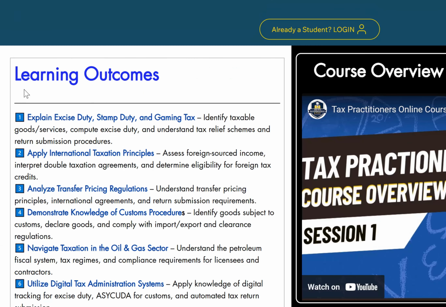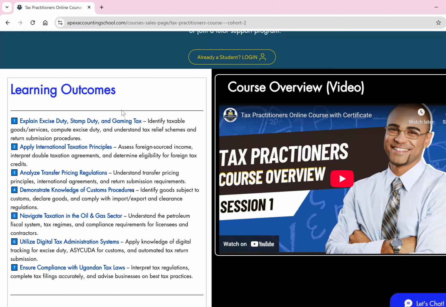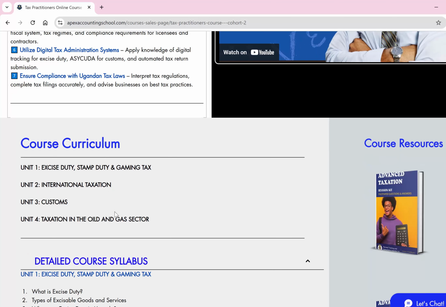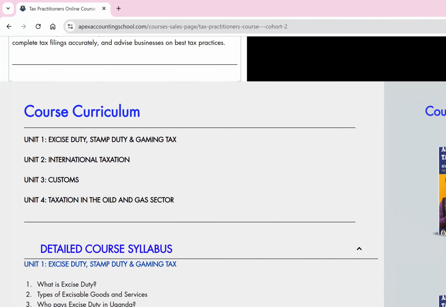So basically at the end of this course, you should be able to demonstrate skills and knowledge in these 7 major areas. The course curriculum covers 4 major units. Unit 1 is excise duty, stamp duty and gaming tax. Unit 2 is international taxation.